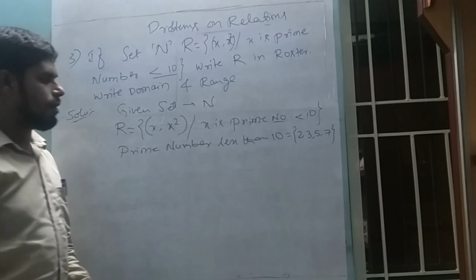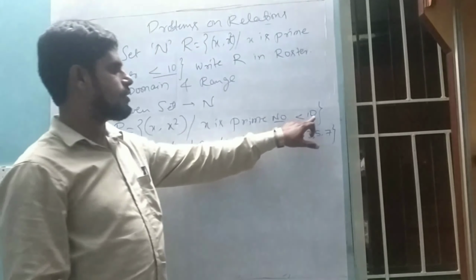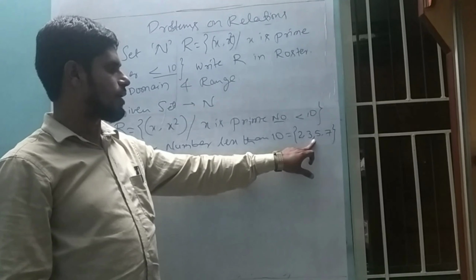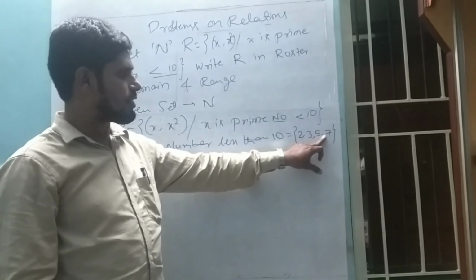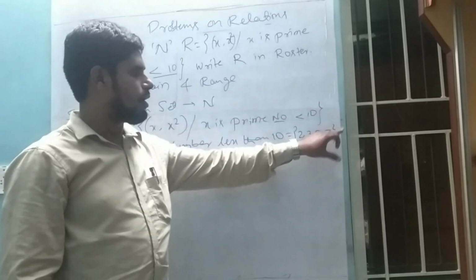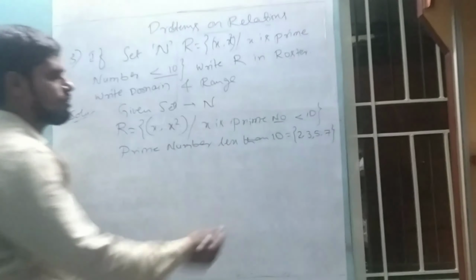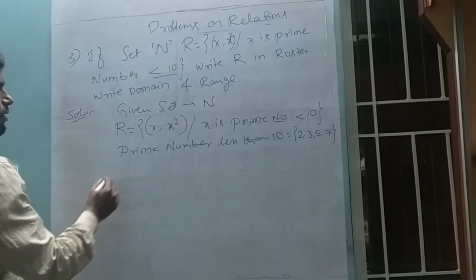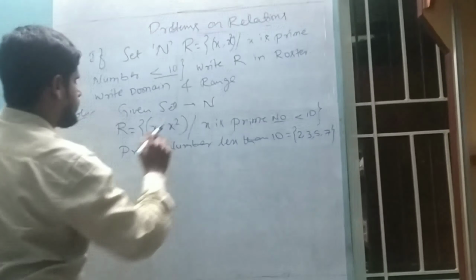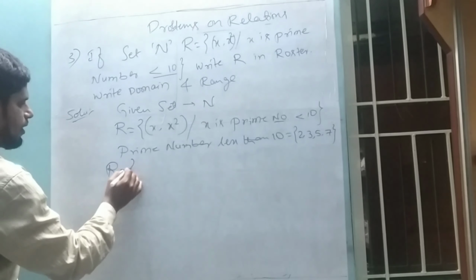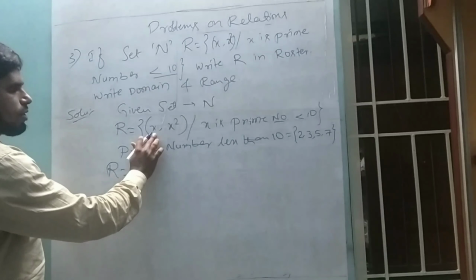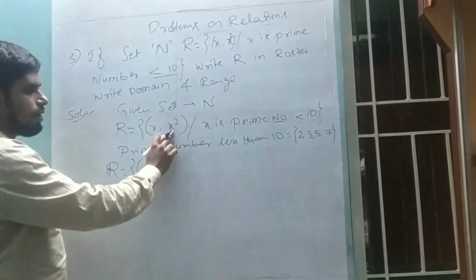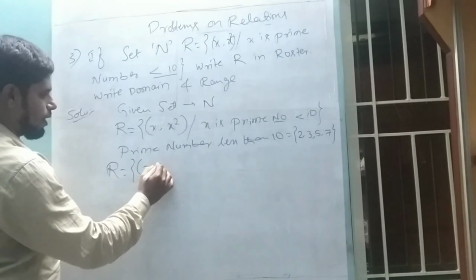Okay, 4 prime numbers come below 10. 2, 4 is not a prime number, 3, 5, 6 is not, 7, 8 and 9, 9 is not a prime number. Okay, 2, 3, 5, 7. Let us give these values to x and find the relation. First, if I put x equal to 2, then here also x is 2 only, but it has square. 2 square is 4.